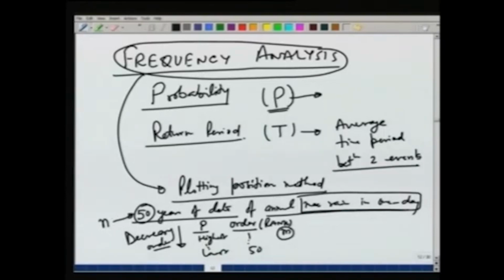And the plotting position method says that this data of the rainfall depth, or let us use a different symbol here, since P we are using for probability, let us say PR, the precipitation, any probability of any value or the plotting position is generally given by m over n plus 1.